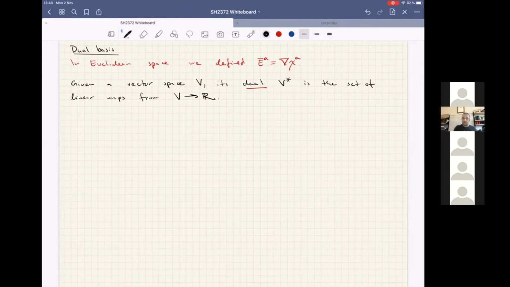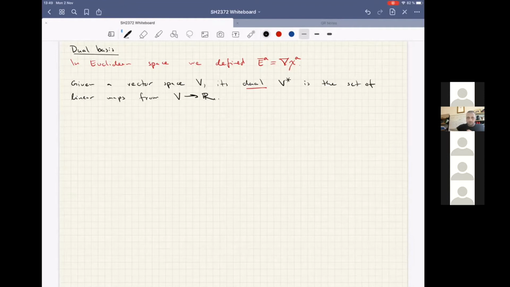So the tangent space here is a vector space because you can add directional derivatives, and that's just the same thing as adding the vectors and taking the derivative in the summed direction, or you can multiply them by numbers.